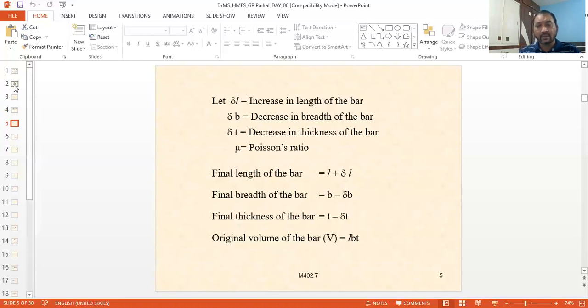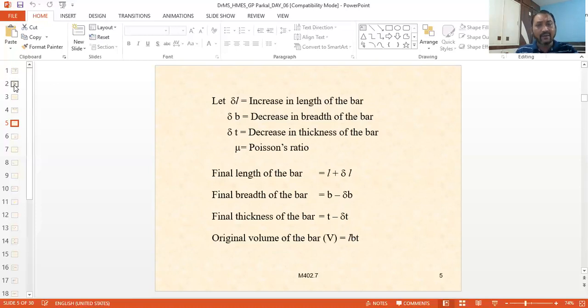As we know, the length increases due to the application of the tensile force along the length, whereas the width and thickness will reduce because they are the lateral directions to that of the applied force.